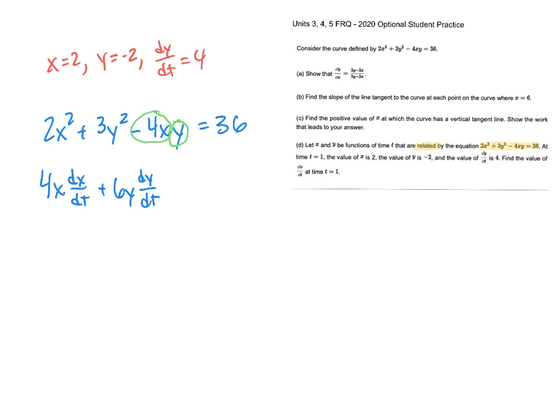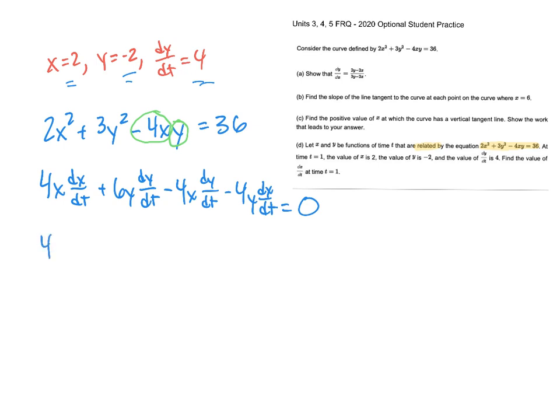So this is going to be minus 4x dy dt and minus 4y dx dt. And the derivative of 36 is still 0. Now we're going to plug in our values, and then we'll be done with this thing.